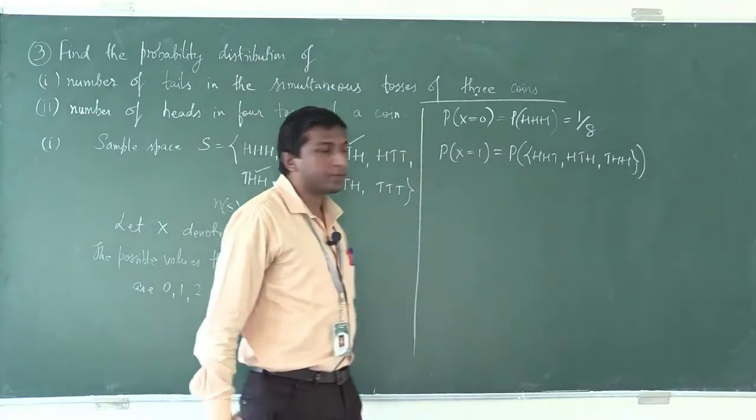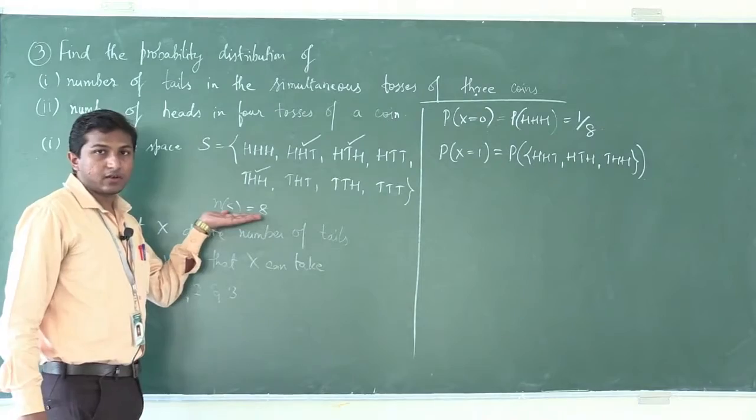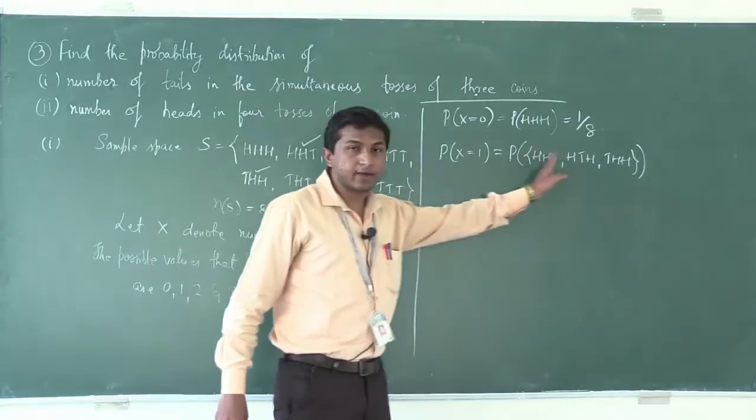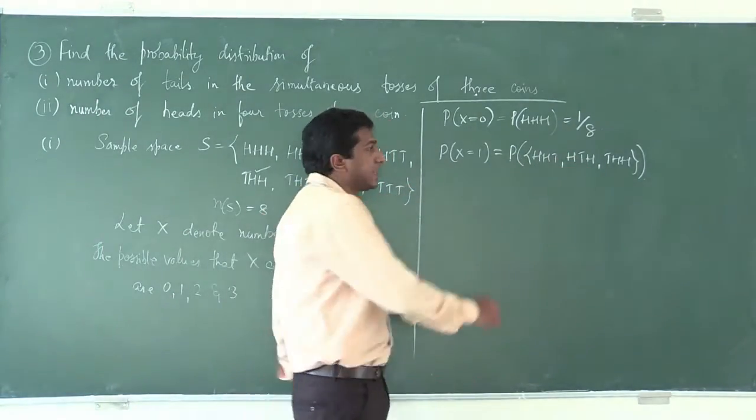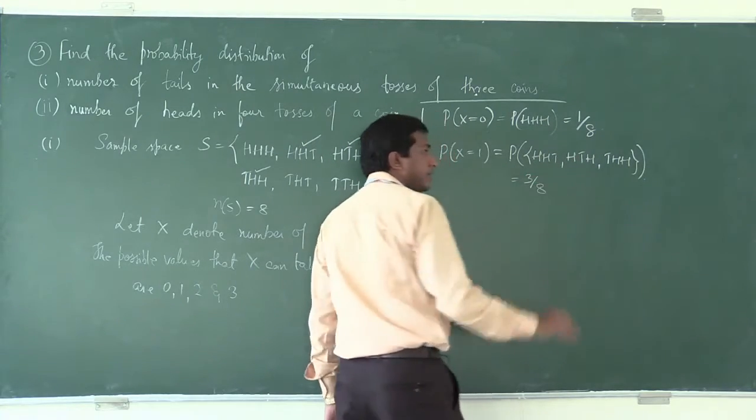So what is the probability of this event? Totally we have 8 outcomes. Of those we have 3 outcomes here. Hence the probability of this event is nothing but 3 by 8.